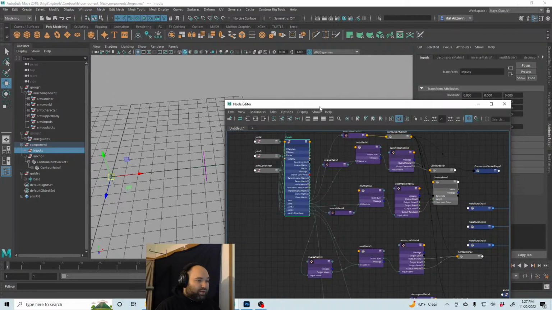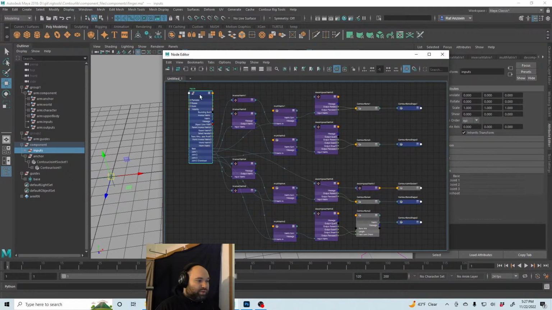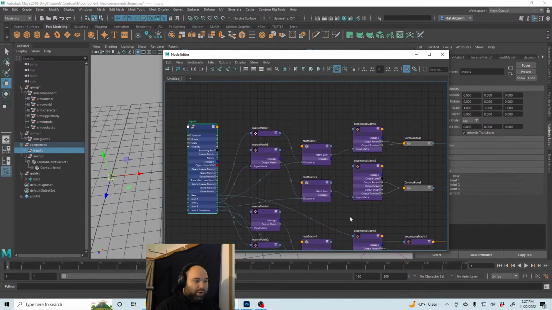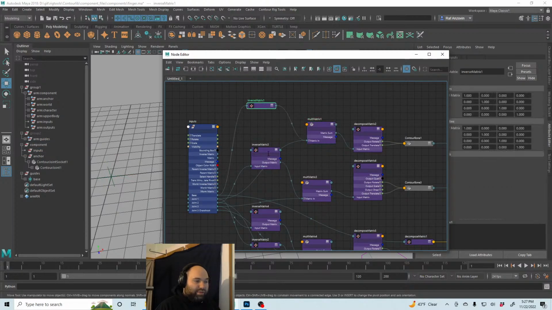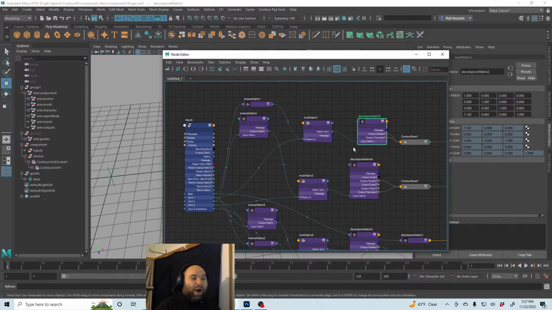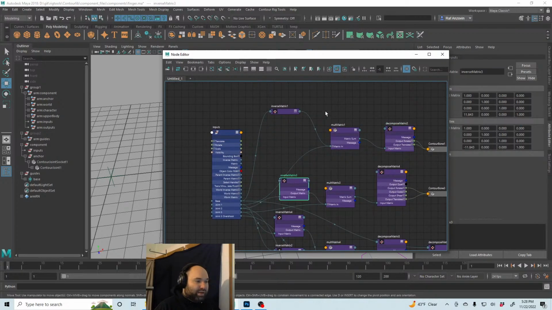So if I go to the node editor and I take a look at the outputs of inputs, here's where we were doing all of that work. And it's actually not that complex, especially when you ignore the decomposed matrix, which is only necessary because of how we're putting that data onto the bone, or alternatively, because we don't have offset parent matrix. But basically, the idea here is that you take, say, joint 1, the matrix of joint 1 in world space, keeping in mind that this is not going to move around during animation, because this is what the guide is outputting to.